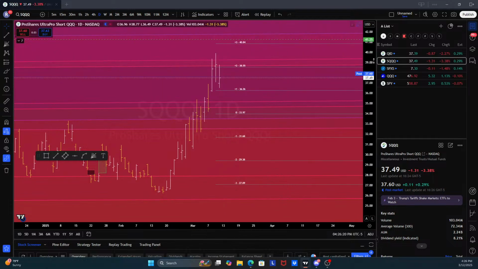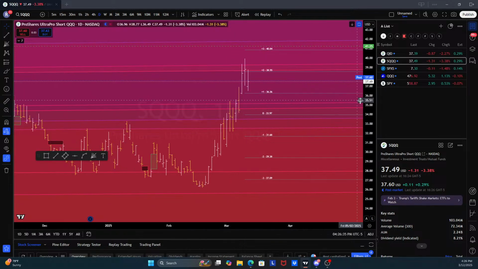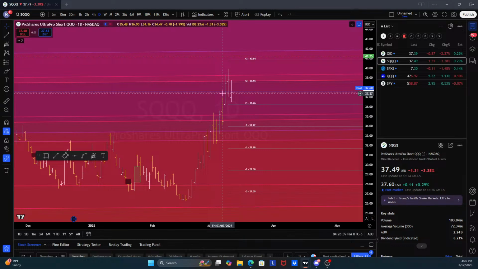I do use standard deviations to navigate and see how oversold or overbought it is, or whether it's in a neutral area on price action, just because it keeps me centered and lets me know when stock prices are running a little hot or running a little low on fuel.